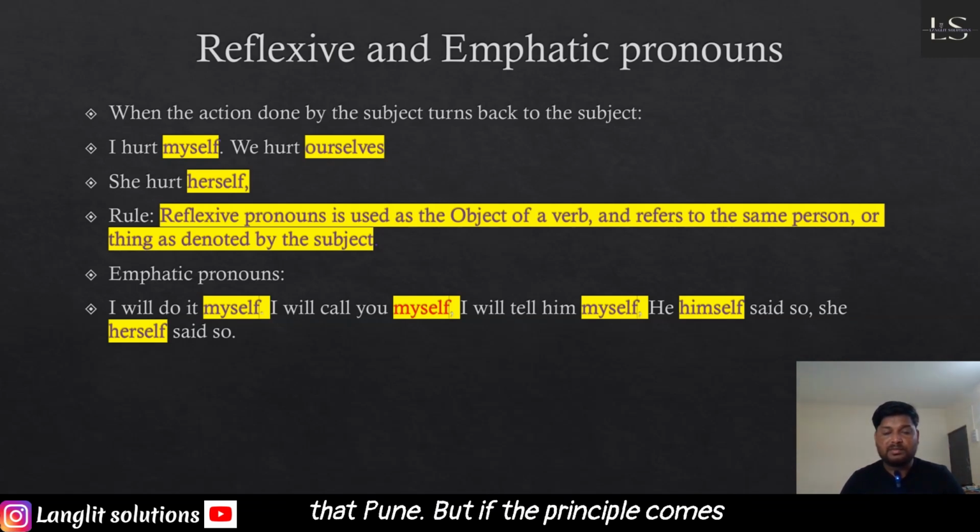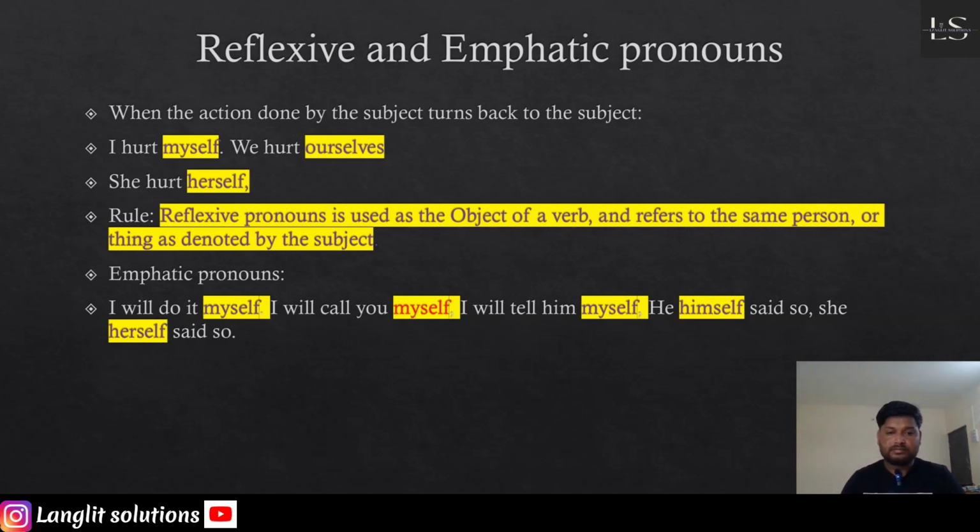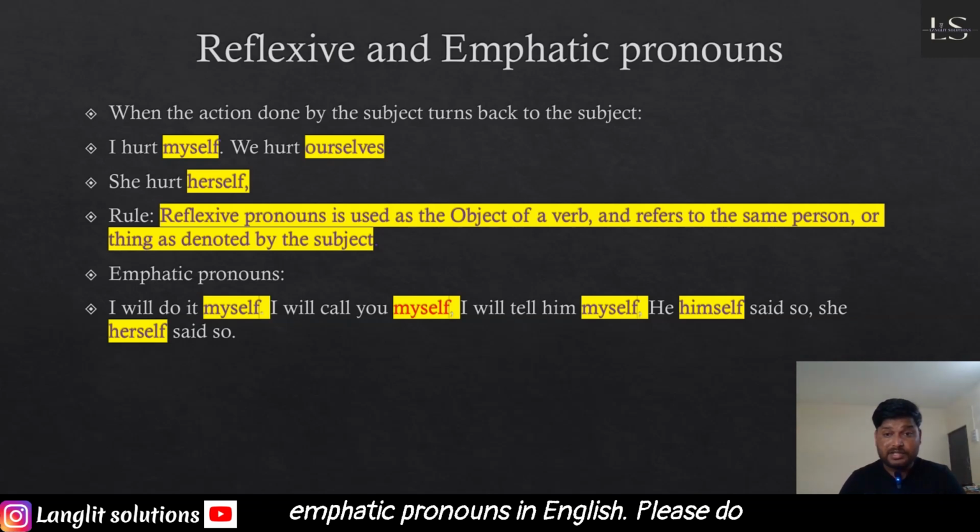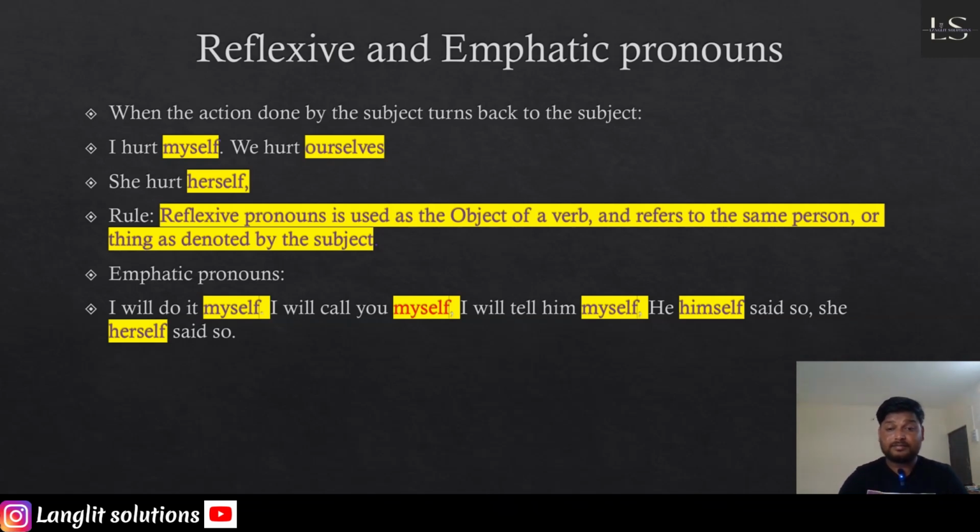But if the principal comes and says it, then you will believe, because you will say that the principal himself said that there will be a holiday tomorrow. So you are emphasizing on the fact that the principal was the person in authority, and that person himself told me. So he is emphasizing on himself. This way you can use emphatic pronouns in English. Please do that.